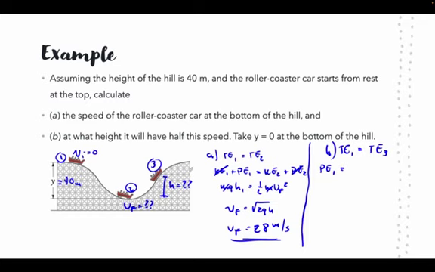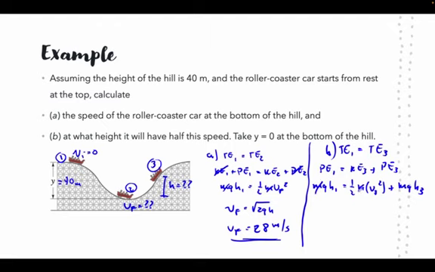But at point 3, I have both potential and kinetic. Why? Because it is at a certain height and it is moving. So mgh1 is going to be equal to 1/2 mv3 squared plus mgh3.